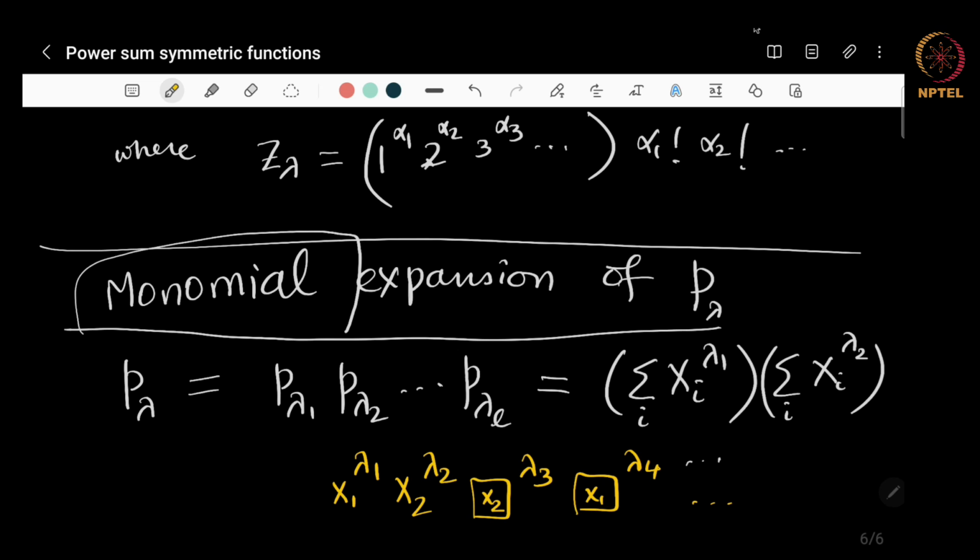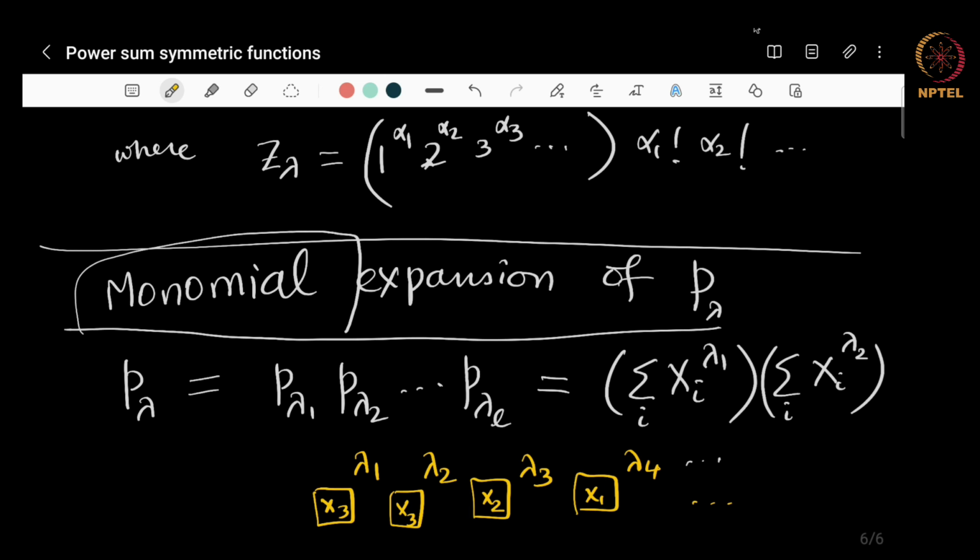So what this means is, when I construct a monomial, I imagine I have boxes which I'm allowed to fill: anything power lambda 1, anything power lambda 2, and so on. The variables I choose can be any one of the xi's. I can choose some the same, some different. So x3 lambda 1, x3 lambda 2, x2 lambda 3, x1 lambda 4, etc.